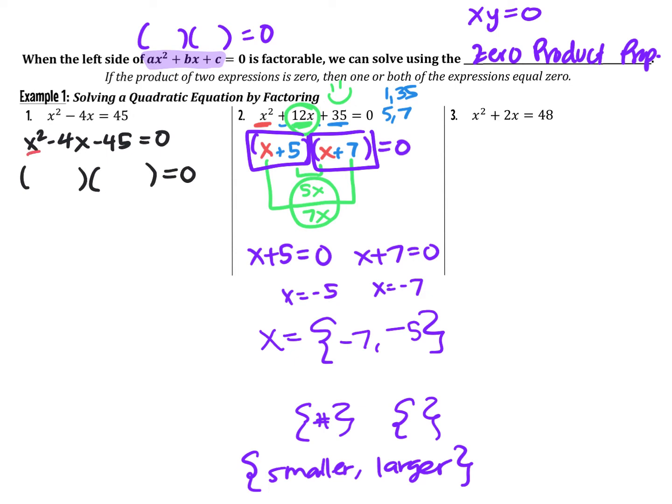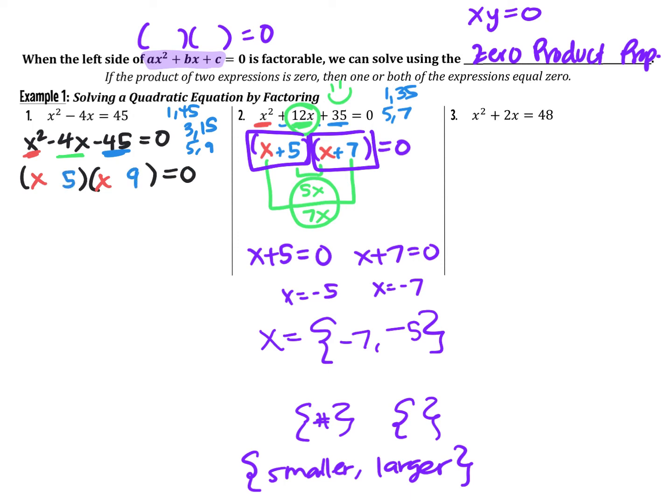Again, I'm going to ask myself what multiplies to be x squared? Well, that's x times x. And what multiplies to be -45? Well, 1 and 45, or 3 and 15, or 5 and 9. And I know that ultimately I'm trying to make 4. So it seems like 5 and 9 are going to be a good option here.